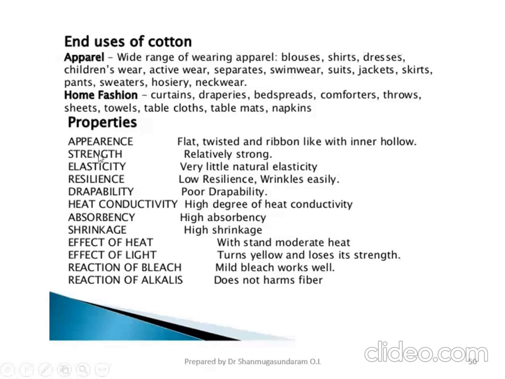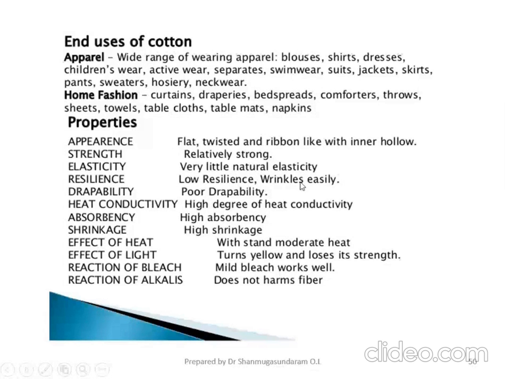So if you look at the properties, again this is the recalling of all your cotton properties. Appearance, it is flattened in structure, twisted and ribbon like, and it has an inner hollow. The strength of the cotton fiber is relatively strong. Elasticity, it has very little natural elasticity. Resilience, raw resilience, wrinkles easily.